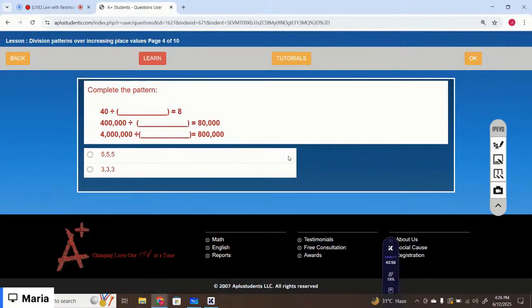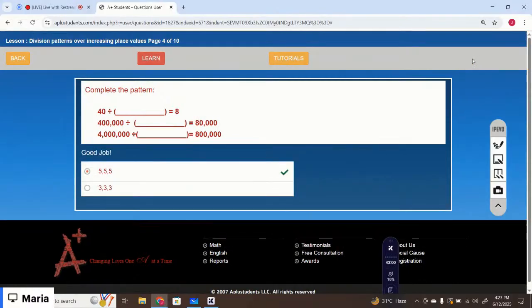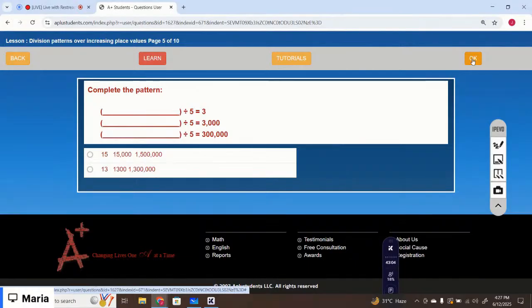Option number one is the correct option. Complete the pattern, which is the correct option.